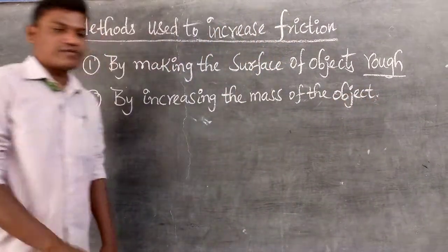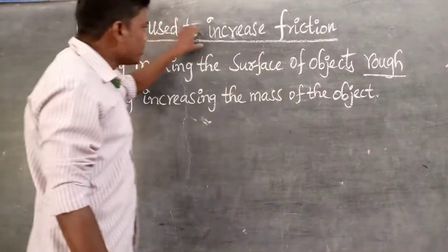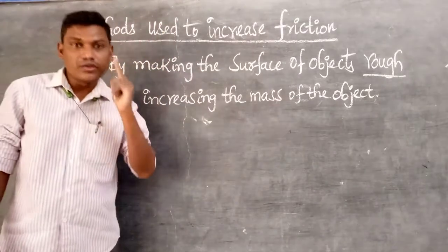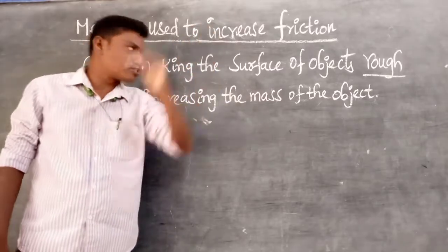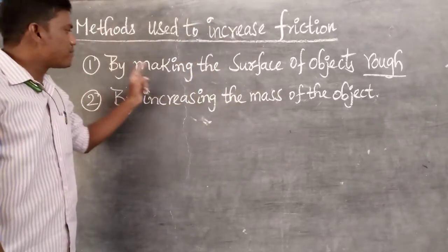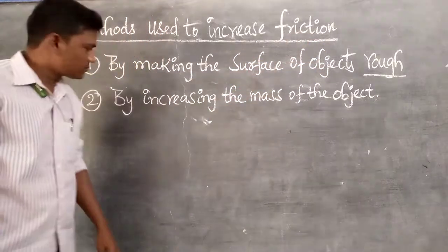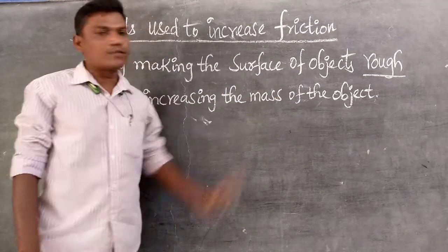So listen very carefully. How many methods do we use to increase the frictional force? Mainly two methods. The first one is by making the surface of the objects rough. The second one is by increasing the mass of the object.